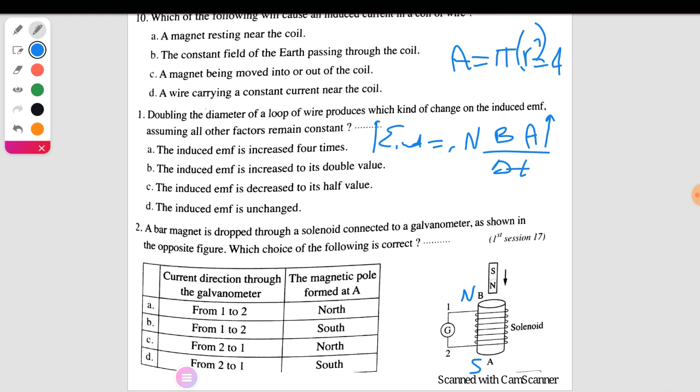The thumb will point to the direction of the north, and the other fingers will point to the direction of the magnetic field. So the current transfers from 1 to 2, and the magnetic pole formed at A is a south pole, and the current transfers from A to B.